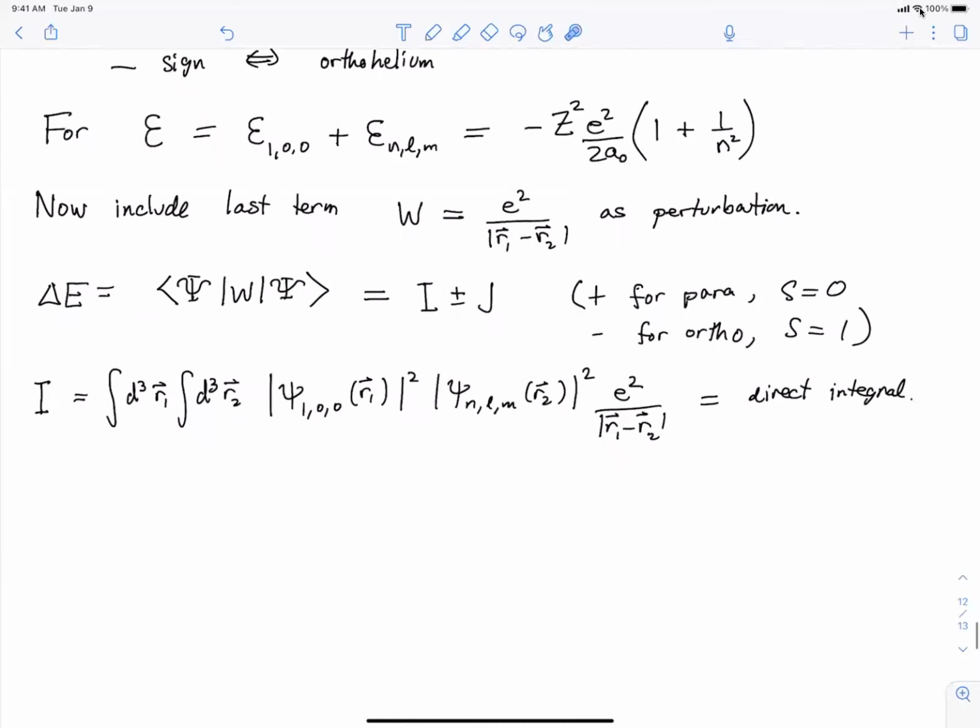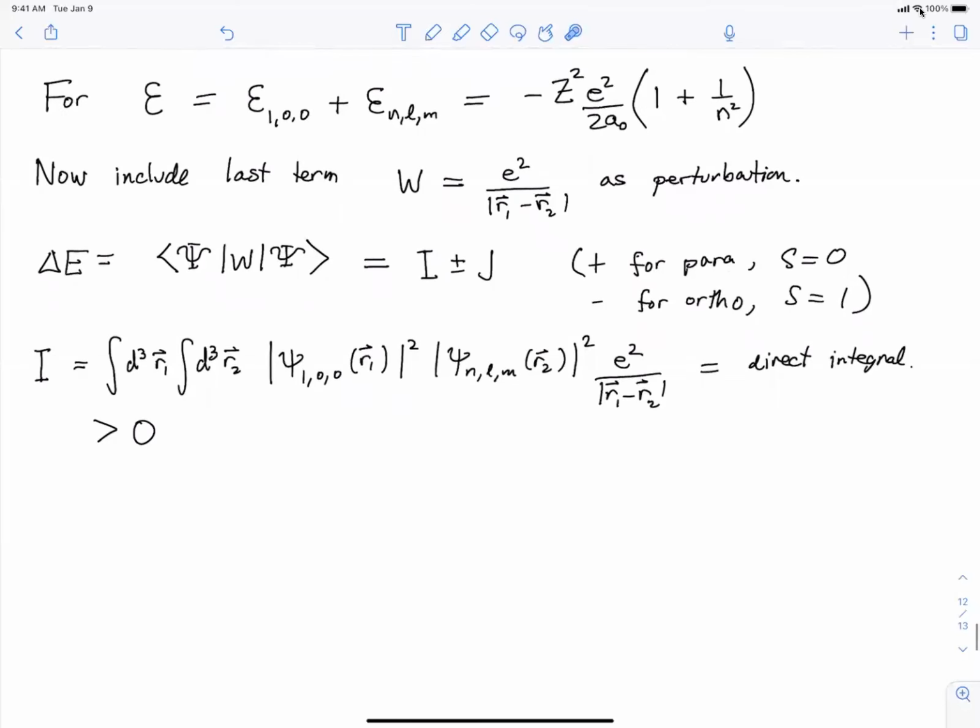Okay, and so one key thing about this integral, even if we don't compute it, is that it's positive. So how do we know it's positive? It's positive because we're integrating over a bunch of things that are themselves positive. This is the complex square of something, that's positive. This is positive, and this is positive. So the whole thing is positive.